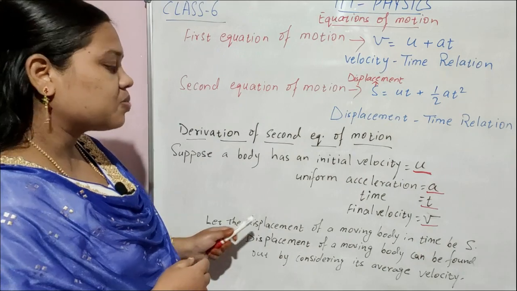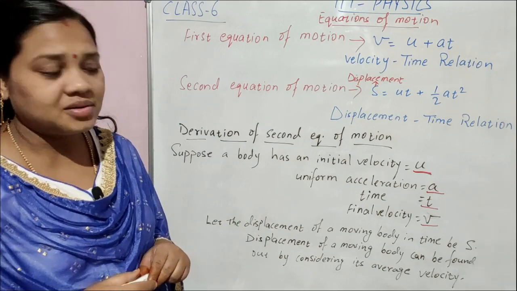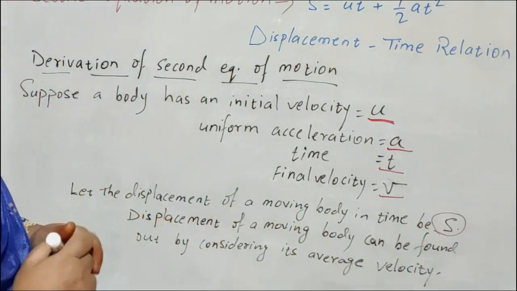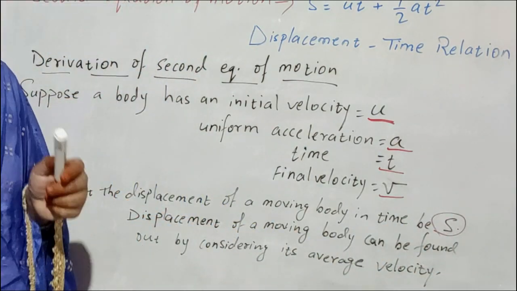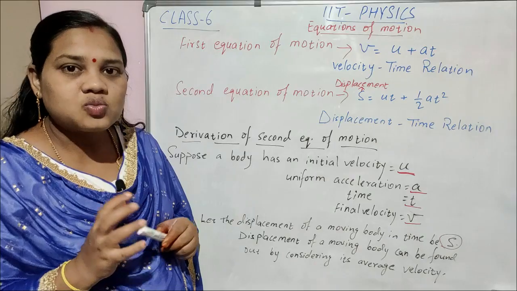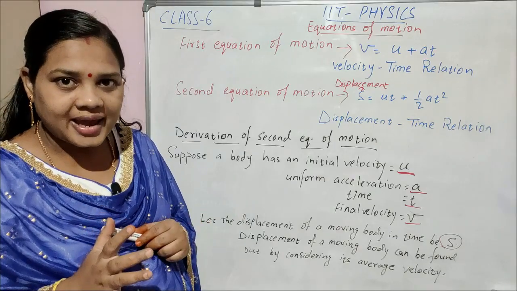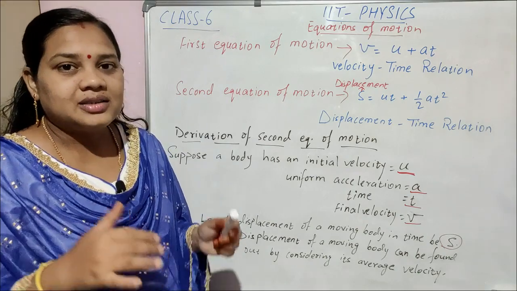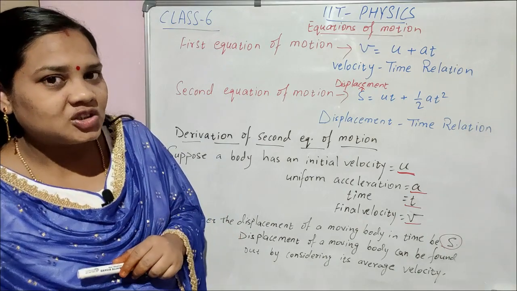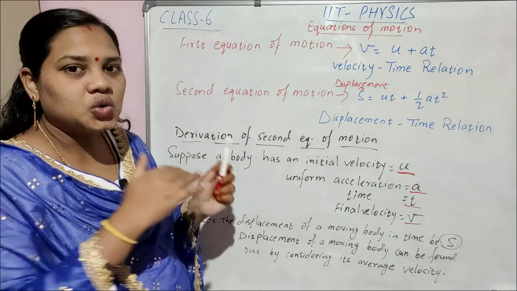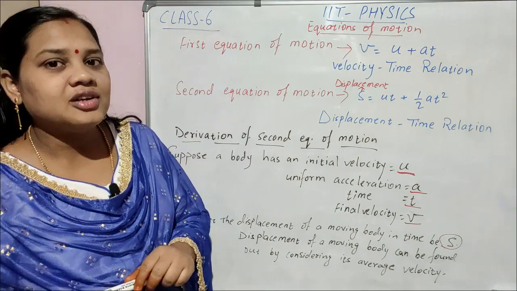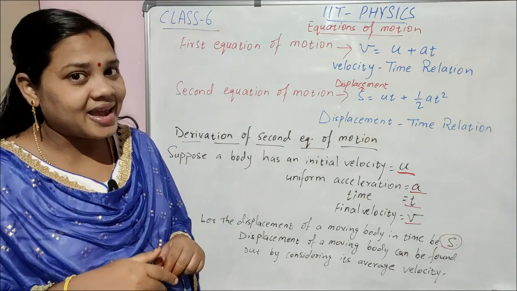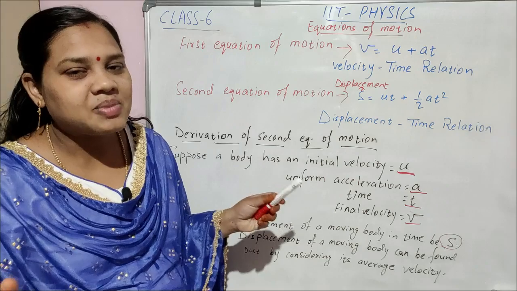So let the displacement of the moving body in time T be S. A body, its initial velocity is U, it is moving with a uniform acceleration A, and in time T it moved and its final velocity is V. From initial velocity U to final velocity V, in time T with uniform acceleration A, it covered some displacement.